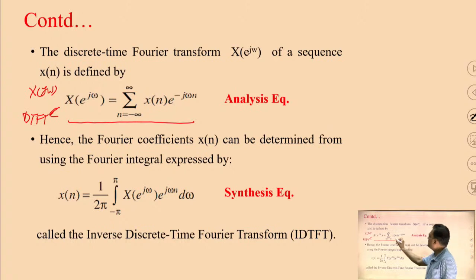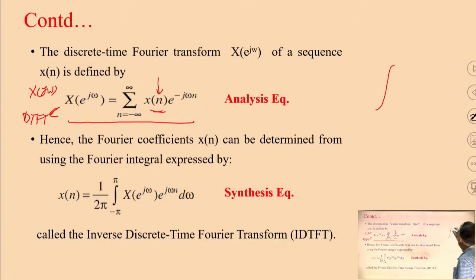One is that rather than x(t) we are using x(n), and rather than integration we are using the summation sign. Okay, so this is the analysis equation. You can see that x(n) is discrete, and when you take the summation from n equals minus infinity to infinity with the complex exponential, you obtain X(e to the power j omega). The important thing is how we will get this X(e to the power j omega).